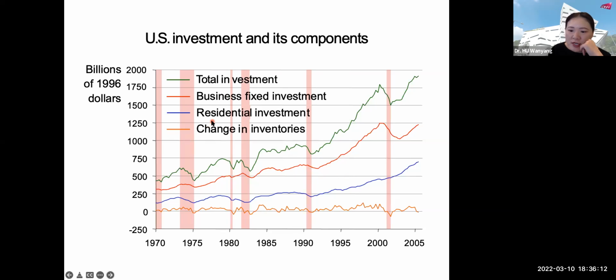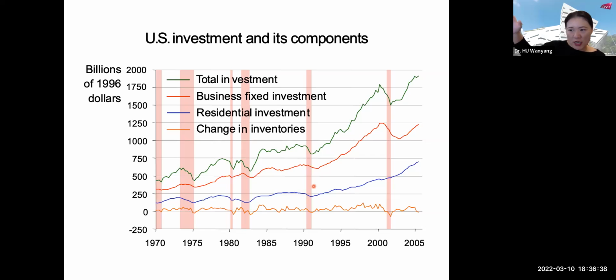We also have residential investment. That's the expenditure people make on constructing or buying new houses or developing apartments, either to live in on your own, or to rent out. This is the residential investment, indicated by the blue line on the graph, and it also has an upward trend.